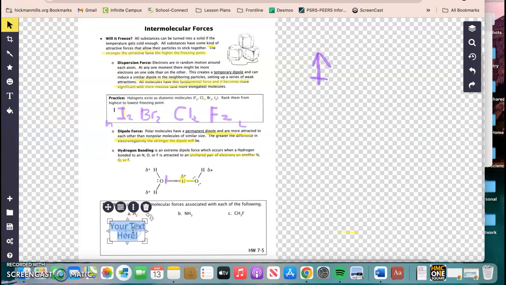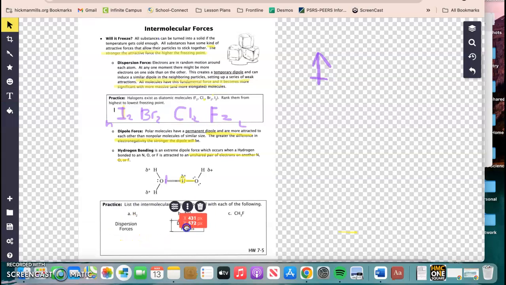Okay, so I'm going to just copy that on over, copy and paste it, because dispersion forces occur in every single molecule.